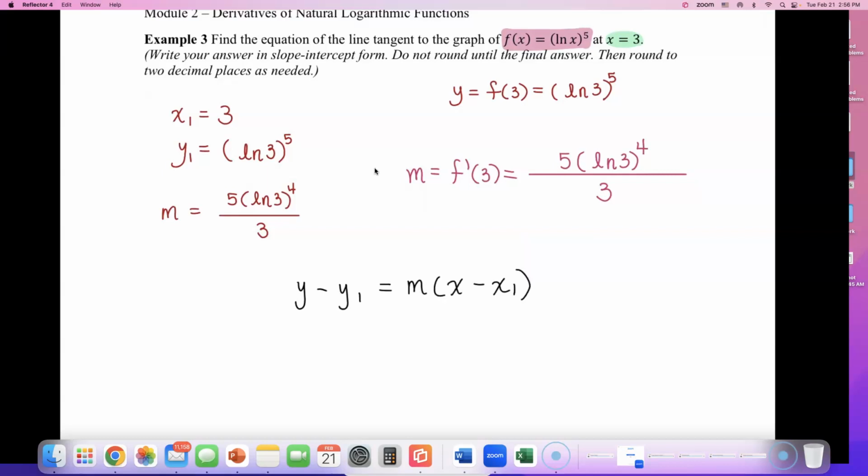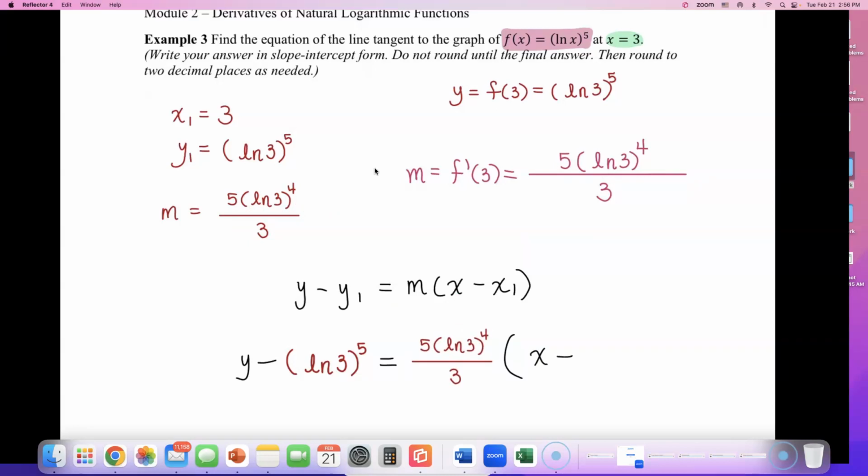Let's plug in everything we got. Y minus our y1 value. So that's the left side of the equal sign. Equal sign. We need to write m now. That's m. So I'll just copy this. That's m times, open parenthesis, x minus x1.